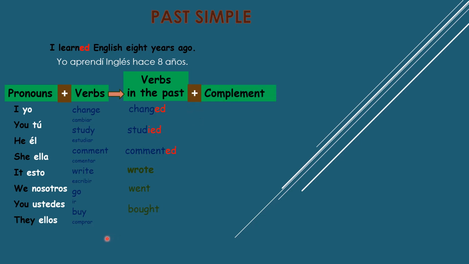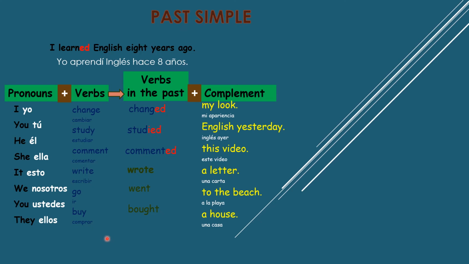Plus some complements. Notice this list, we have some complements. En esta lista tenemos algunos complementos. You use this part to form some sentences. Vamos a utilizar todas estas partes para formar nuestras oraciones.